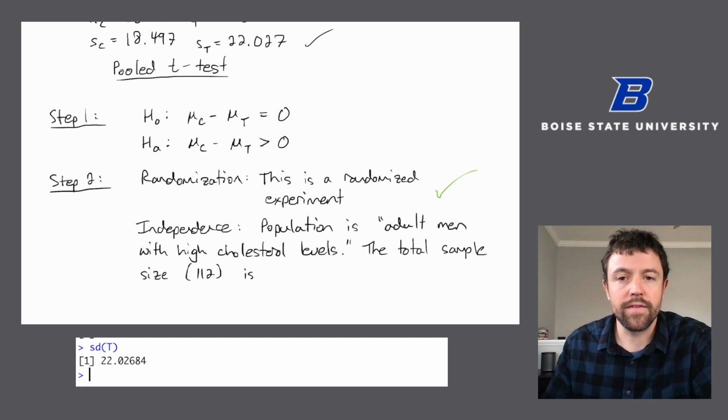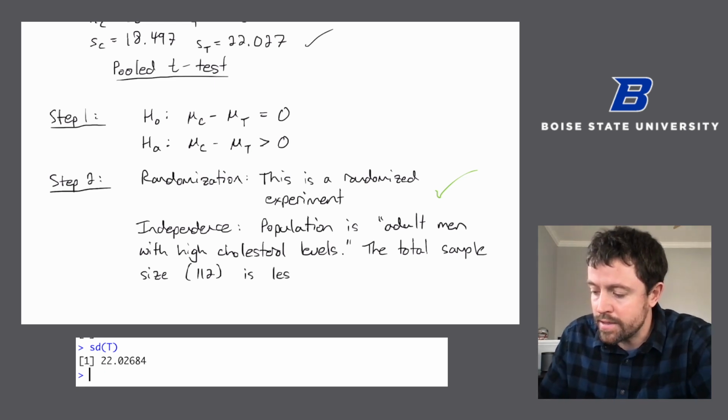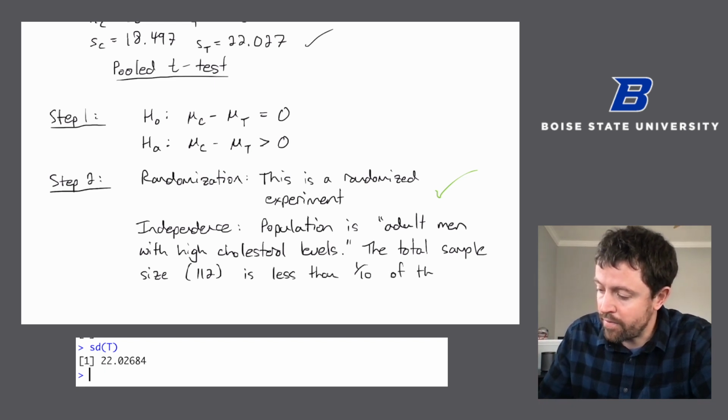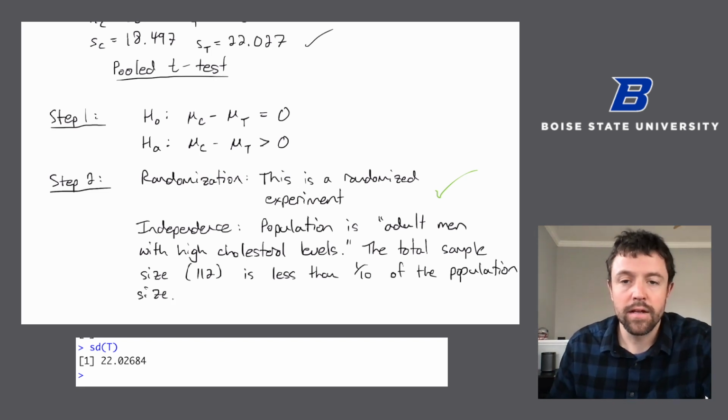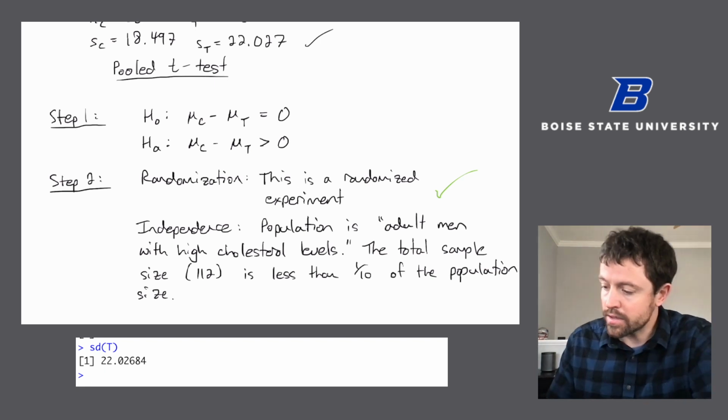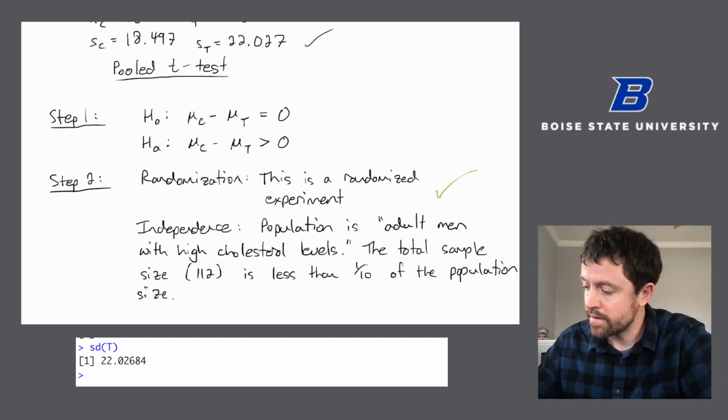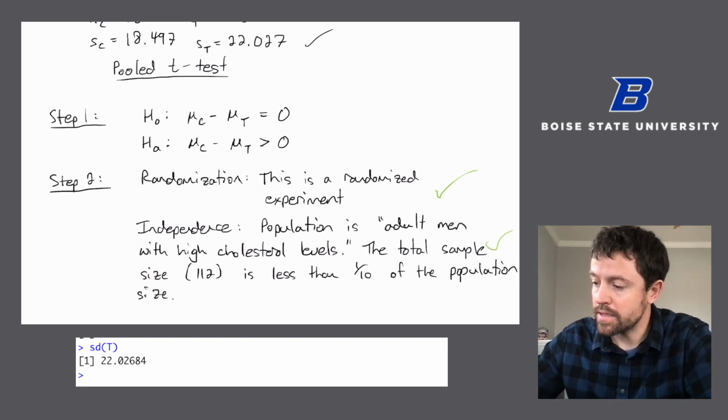I phrase this in various ways, but the population is 10 times the sample is the same as saying that the sample is less than 1/10 of the population size. They mean the same thing, right? There are certainly more than 1,120 adult men with high cholesterol. So this is satisfied. We have a much larger population than sample.